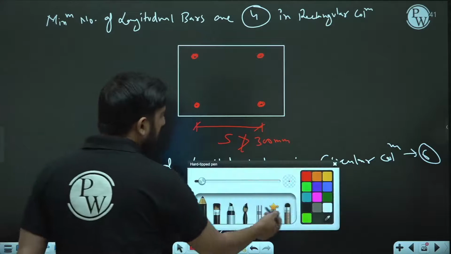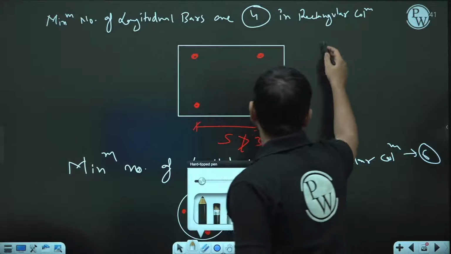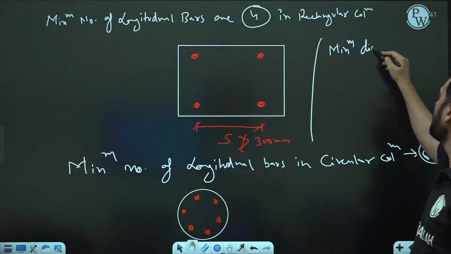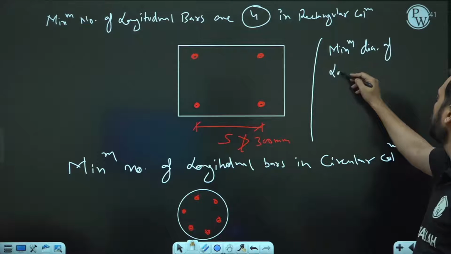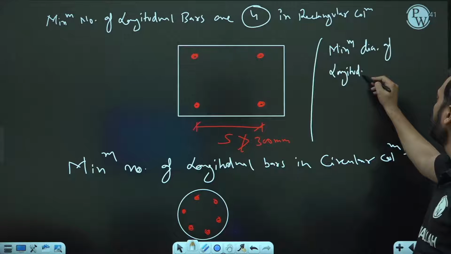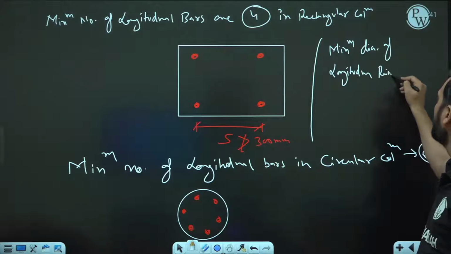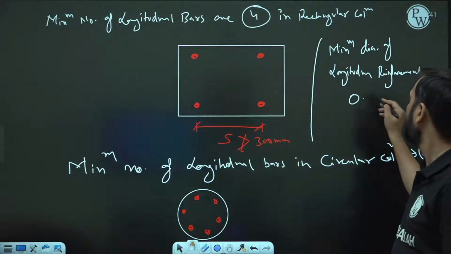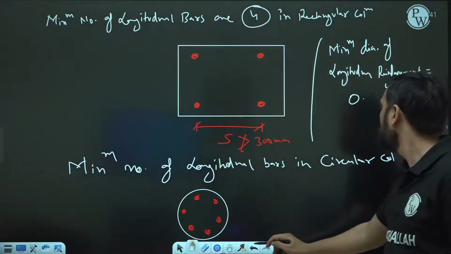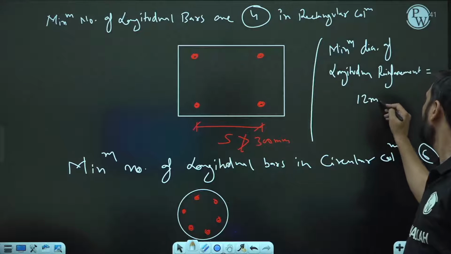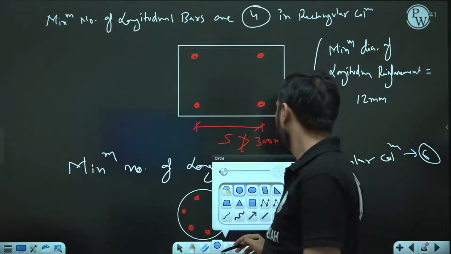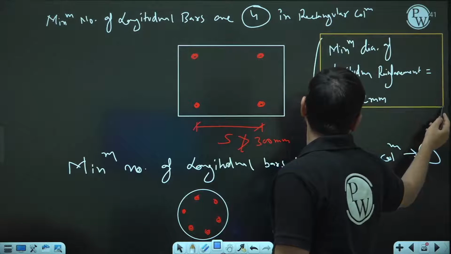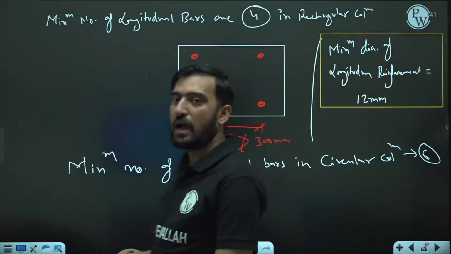So the minimum diameter of the longitudinal reinforcement, let me write here, is 12 mm. It is going to be 12 mm. Are you getting it or not?